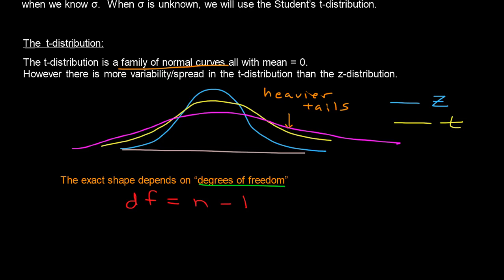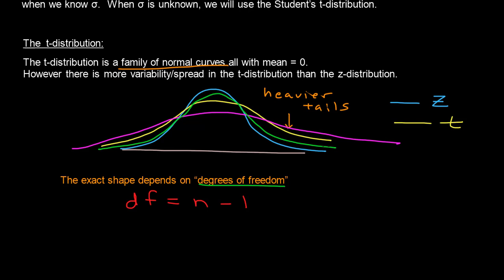I could even draw another curve. Let's go with green. Now this one I'm going to illustrate is very close to the blue Z distribution. I'm going to make it almost indistinguishable. It's almost hugging the blue curve very closely. So this image is now getting a little crowded.